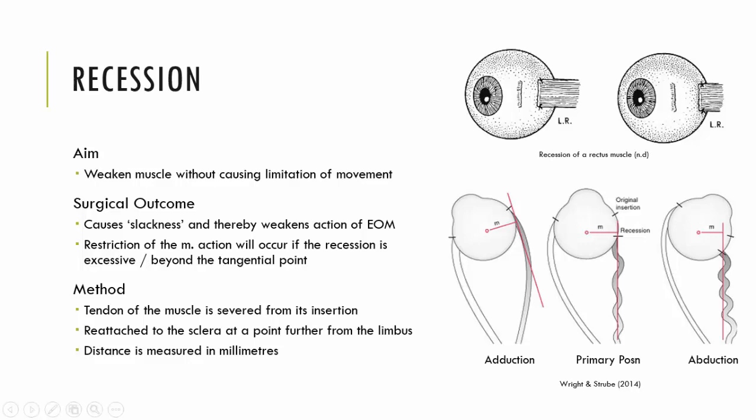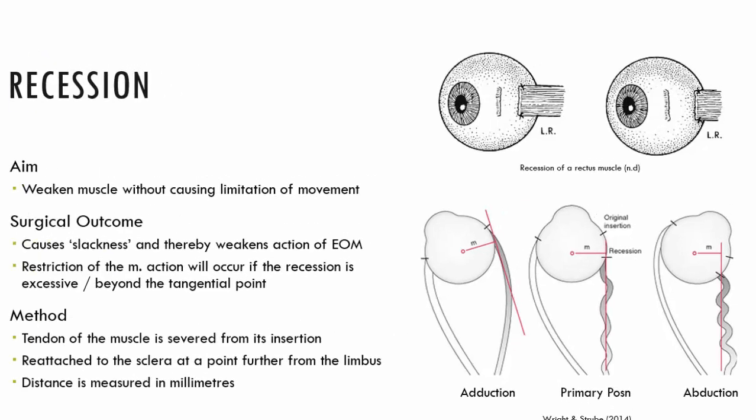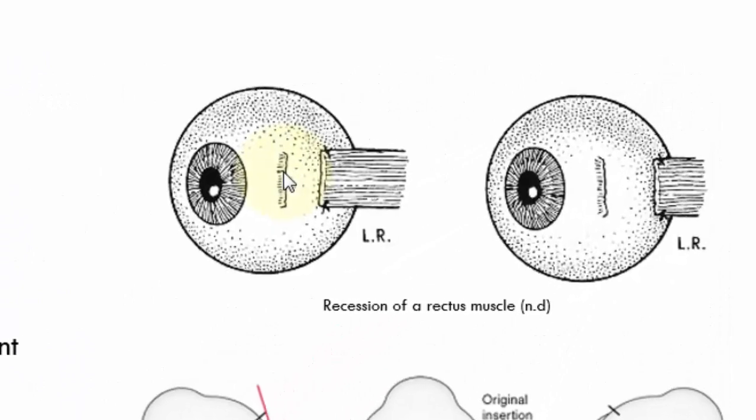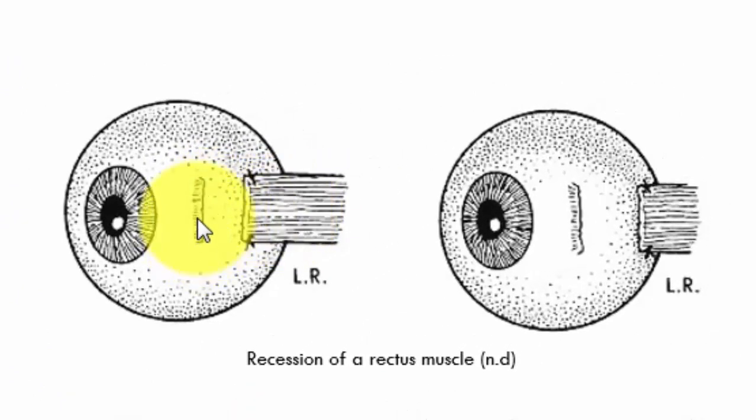Okay, how do we perform a recession procedure? Let's take a look at the image up here. Here we have a lateral rectus. This is the original position of the insertion. In order for a recession to be performed, the tendon is severed at this insertion point and the muscle is moved back and reinserted in a new position further behind the original insertion.